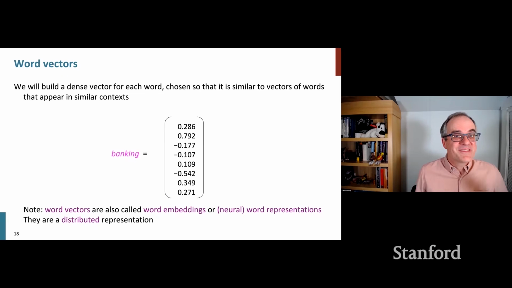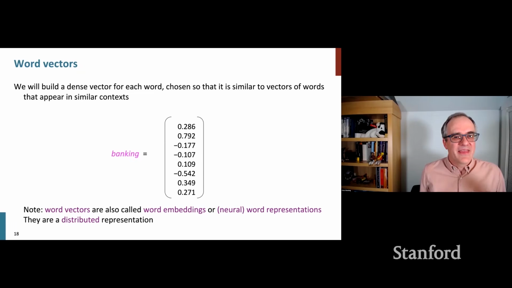And the way it will represent the meaning of that word is that this vector will be useful for predicting other words that occur in the context of this. So in this example, to keep it manageable on the slide, vectors are only 8-dimensional, but in reality, we use considerably bigger vectors. A very common size is actually 300 dimensional vectors. Okay, so for each word, that's a word type, we're going to have a word vector.